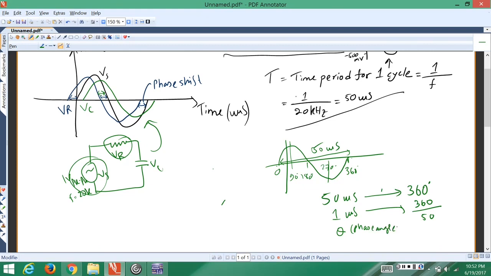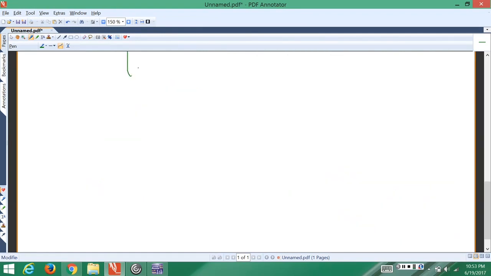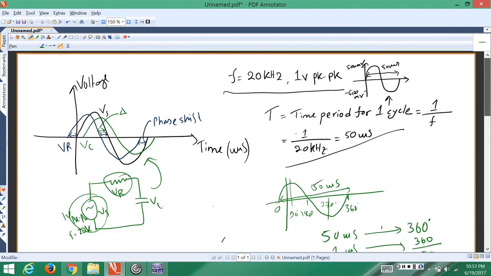So phase angle eventually is going to be 360 by 50 times that time difference, del t. So this is going to be del t, which is basically the time difference. Let's say this is cursor 2, this is cursor 1. So I need to know what are the times over here. This is t1, and let's say this is t2.